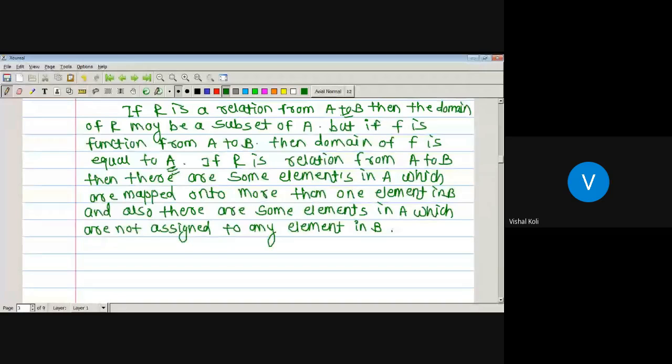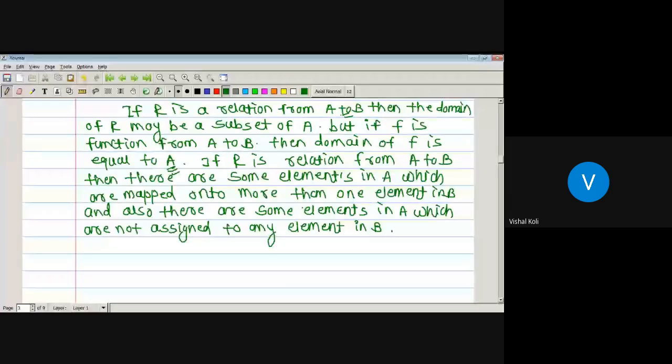Since each element in A has to map to some unique element in B, only then F is a function from A to B. But as in a relation there are some elements in A which are not mapped onto any element in B, then this relation is not a function.